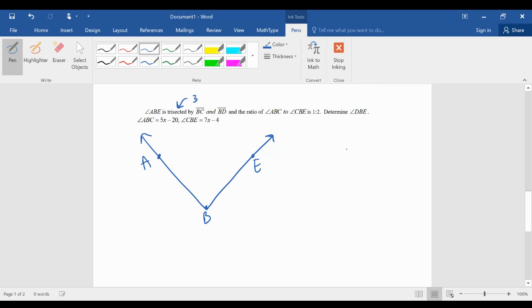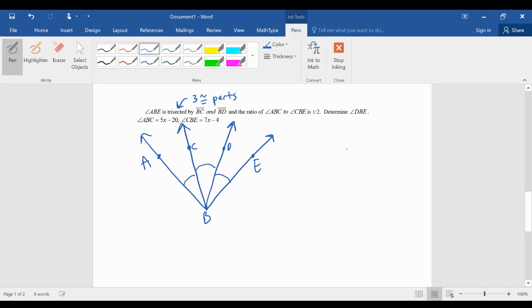Trisected is to split into 3 congruent parts. So that means I would have to split it like this, with ray BC and ray BD. So all 3 of these parts are equal, and you can mark them like this.